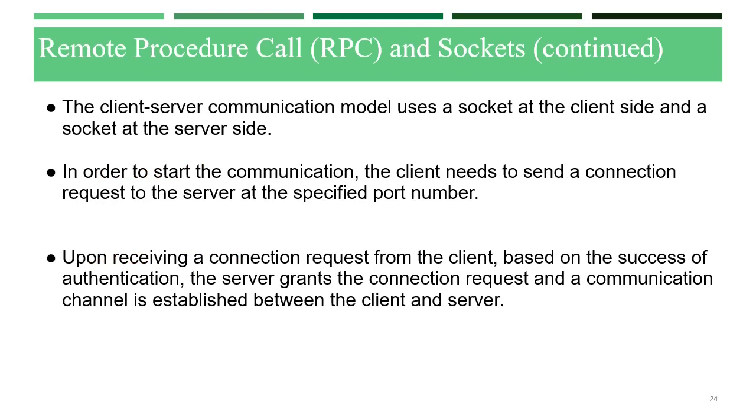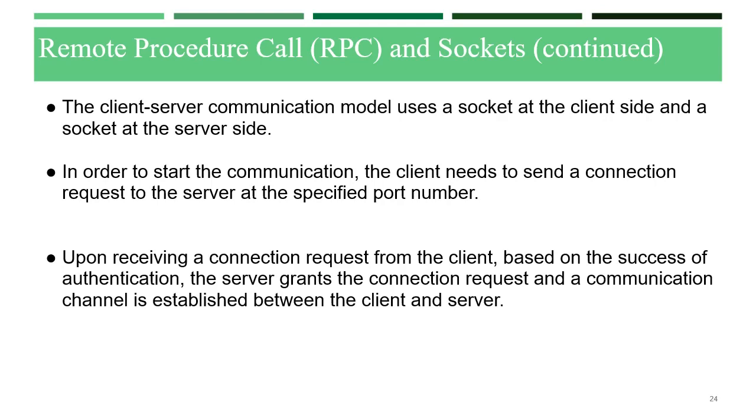The client-server communication model uses a socket at the client side and a socket at the server side. A port number is assigned to both of these sockets. The client and server should be aware of the port number which is associated with the socket. In order to start the communication, the client needs to send a connection request to the server at a specified port number.